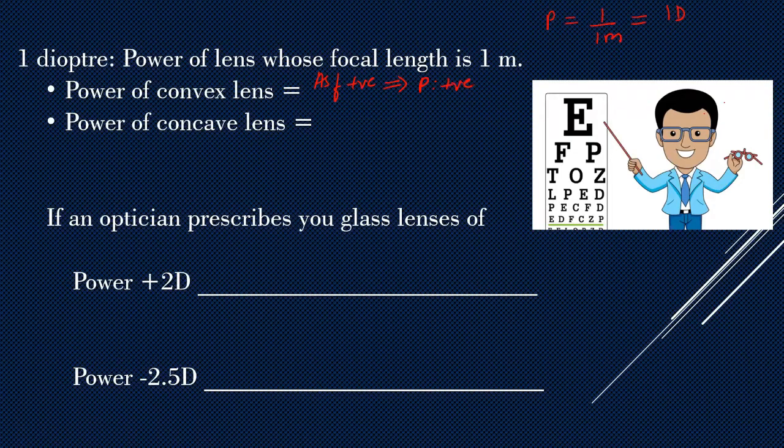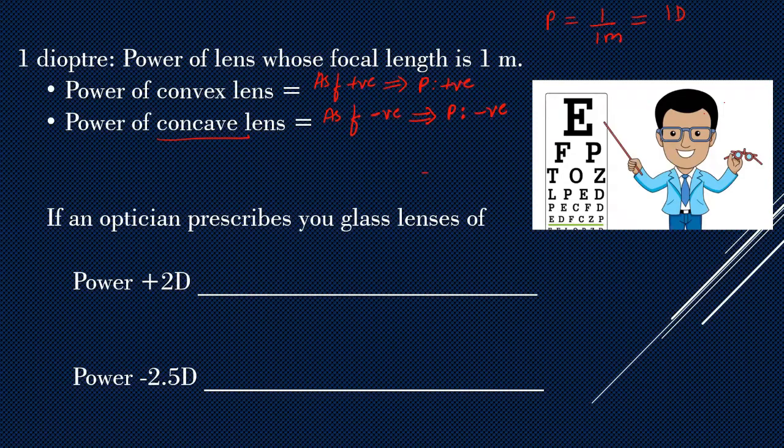For a concave lens, the focal length is negative, as it falls on the same side. So as focal length is negative, power will also be negative. P is equal to 1 upon negative f, so P is negative. So it will be negative D.